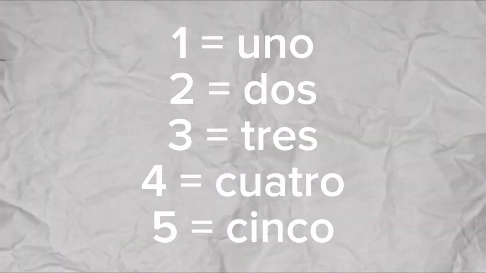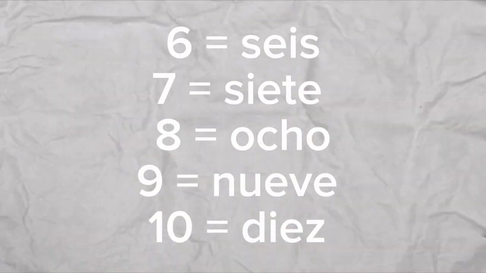So these numbers are, the first ones you probably know, like 1, 2, 3, 4, 5, but after that it's 6, 7, 8, 9, 10.